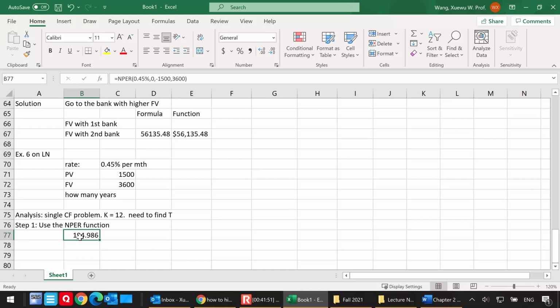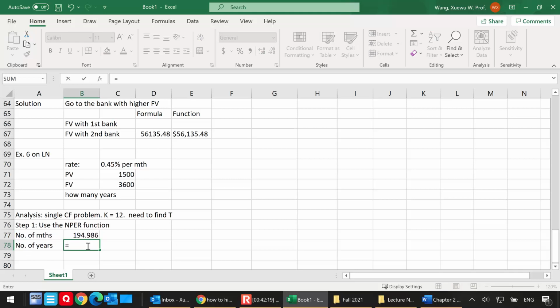All right, you're earning 0.45% per month. So if you actually want to convert that into an annual interest rate, you can simply multiply that by 12. All right, so that's about 6% per year, and you don't want to wait for 194 years. So it turns out the catch here is, if you're going to use the NPER function here, the answer you're getting is in months. Now I can actually convert this into years.